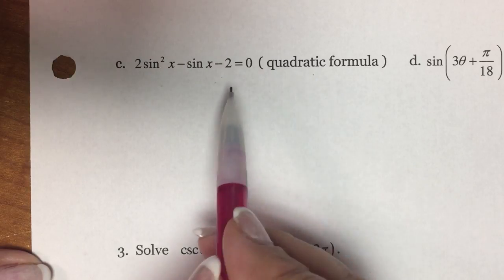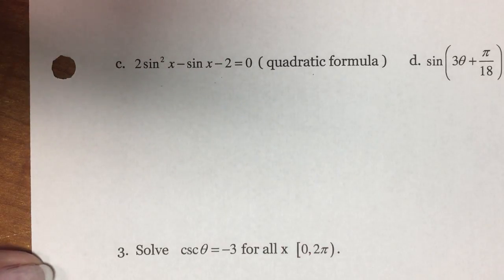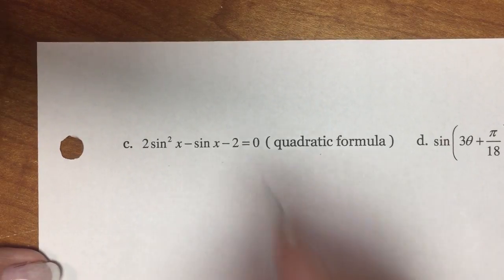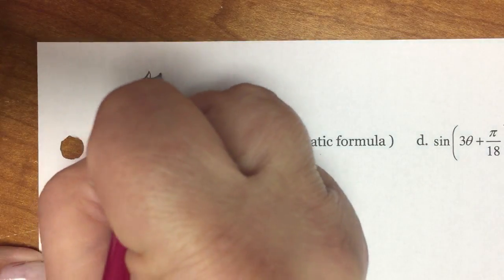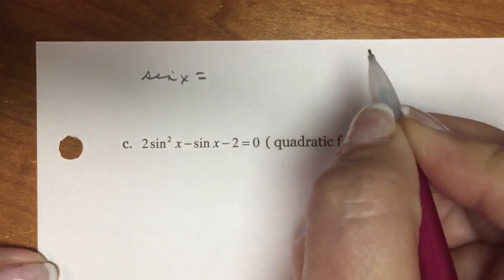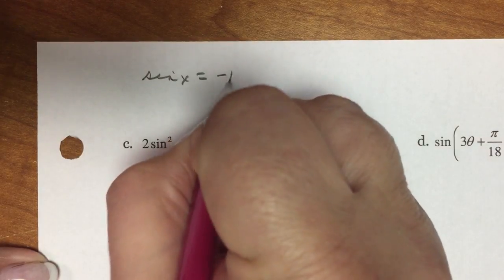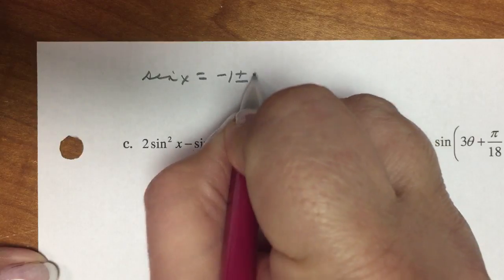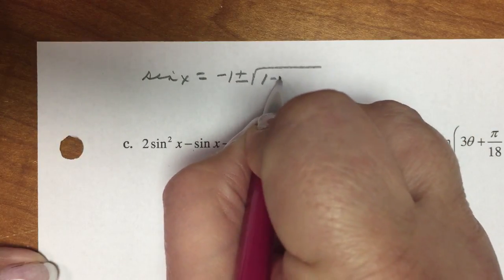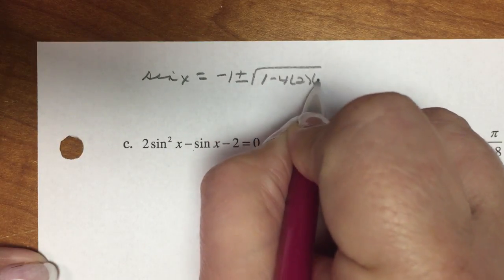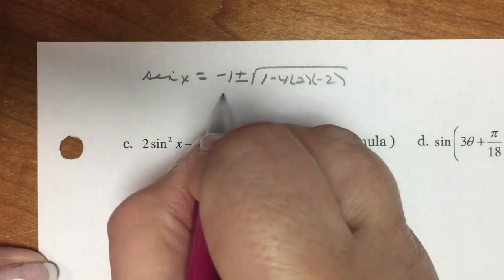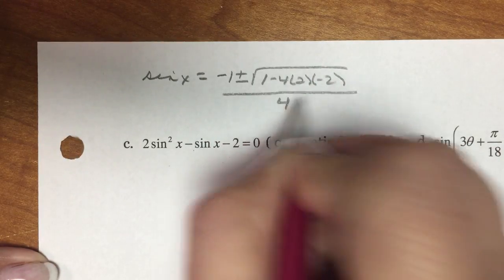So if I use my quadratic formula, sine x is equal to -1 plus and minus the square root of 1 minus 4 times 2 times -2, all over 2 times a, which is 4.